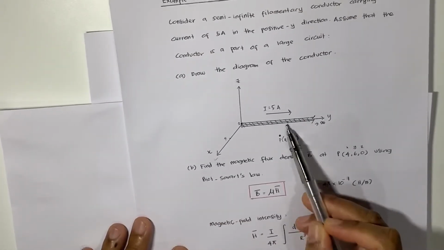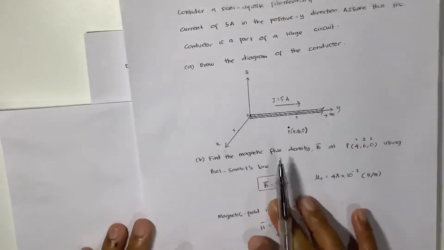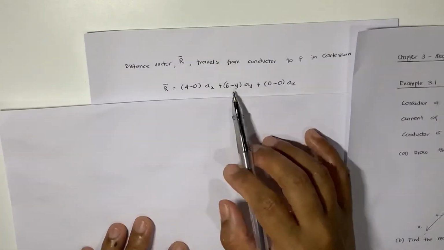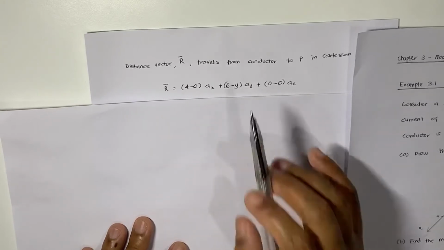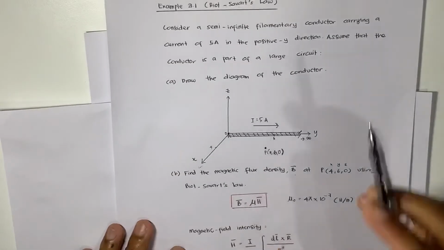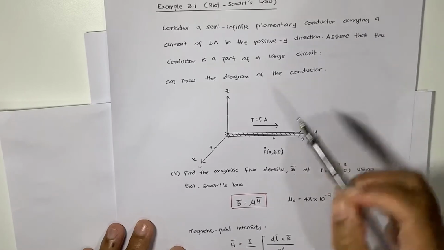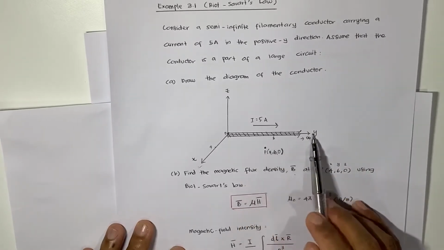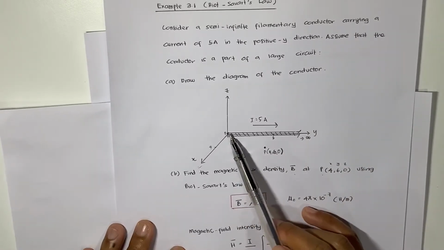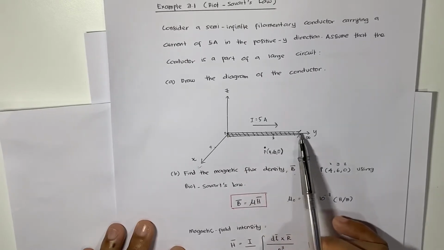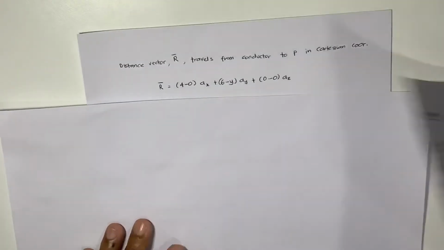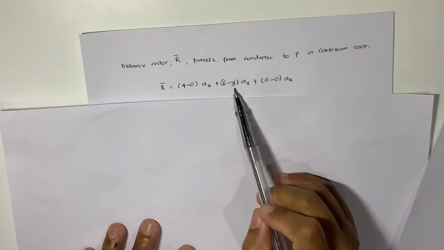How about the y direction? Why 6 minus y? Because 6 is here, and y is along the y-axis. Actually, we want to calculate for the conductor along the y-axis, so that's why we put y.